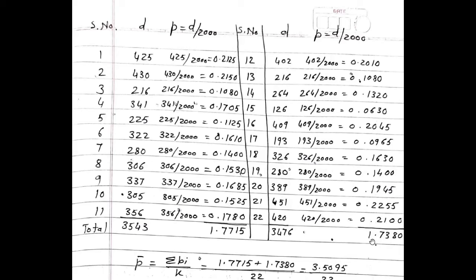So this total becomes 1.7380. Now we need to have total of D also for 11 values and last 11 values also.